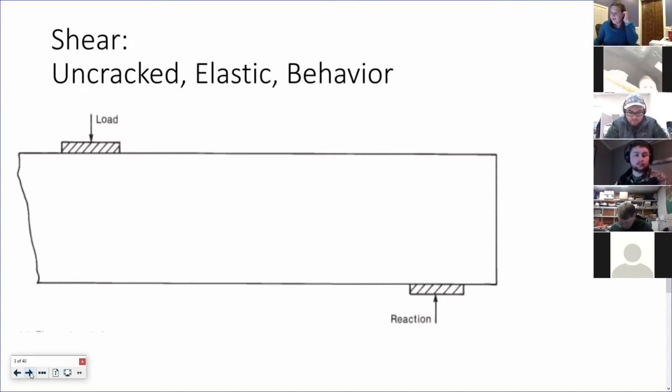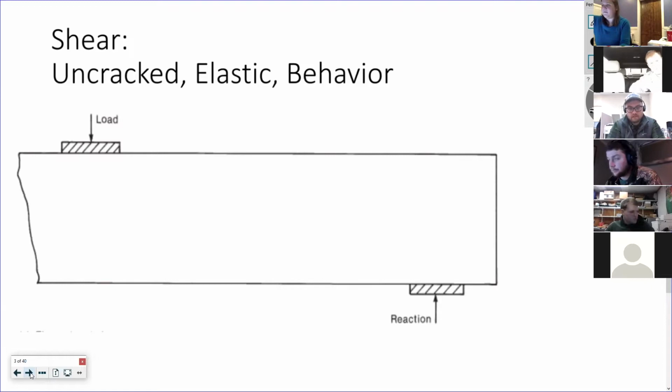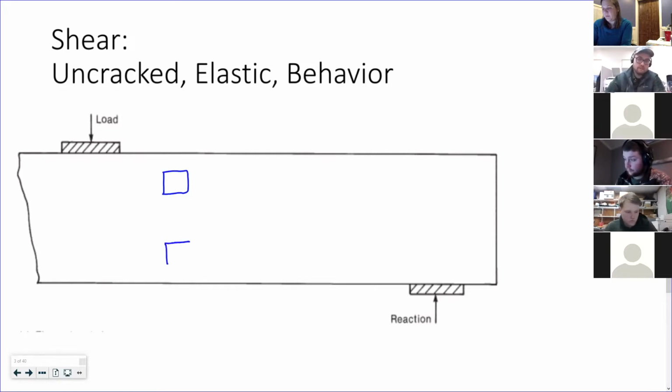So here we have a beam, right? Like a three-point bending beam. And I'm going to look at two little squares, one in the top and one in the bottom.